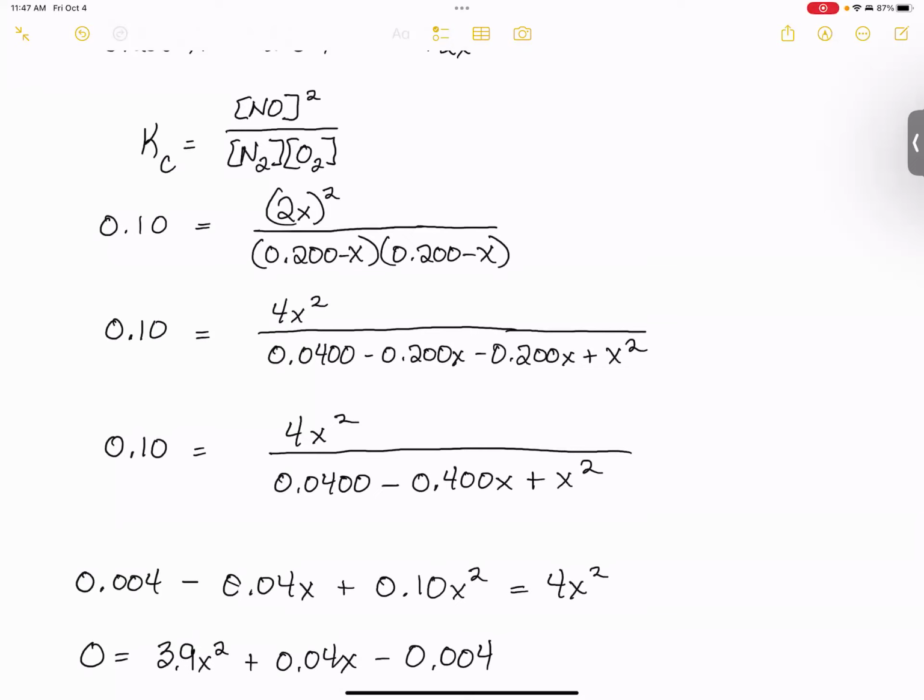Because I multiplied the denominator through by this number. Oh, okay. So that would be 0.0400 times 0.1 minus 0.400 times 0.1 plus x squared times 0.1. And that's equal to 4x squared.